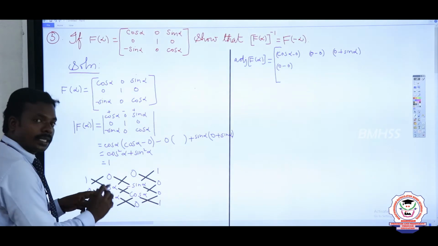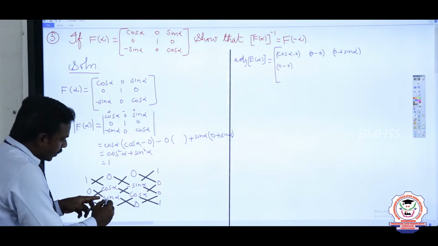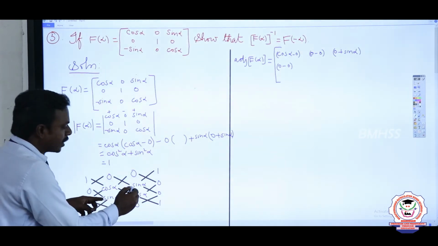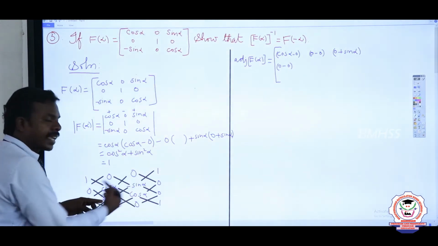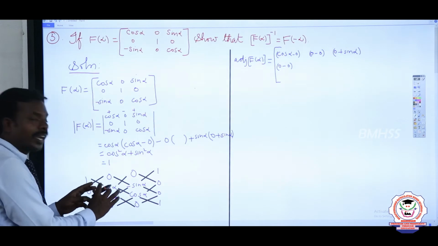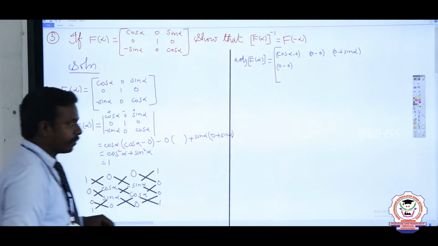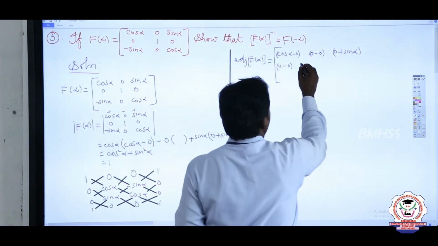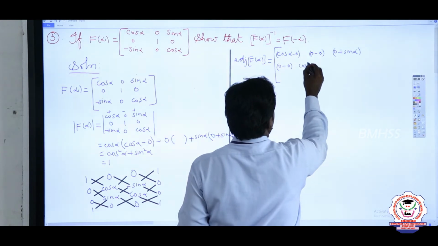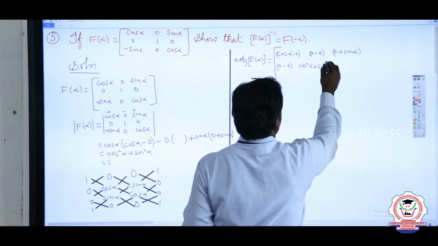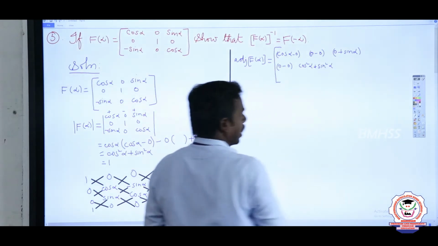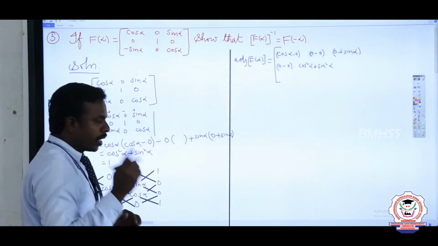Minus sign into minus sign: already one minus is there, so minus and minus is plus, sin into sin, sin square. So cos square alpha plus sin square alpha. We already know the value: cos square plus sin square equal to 1.